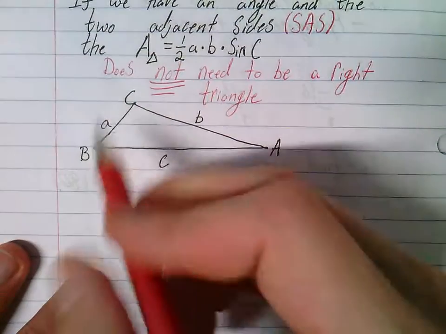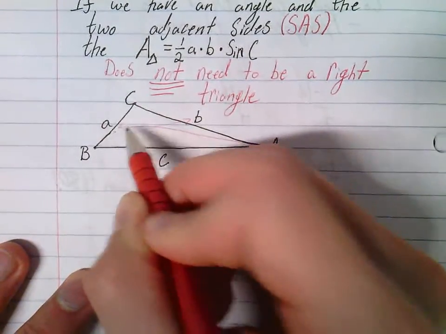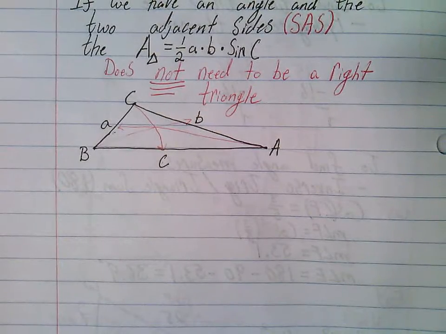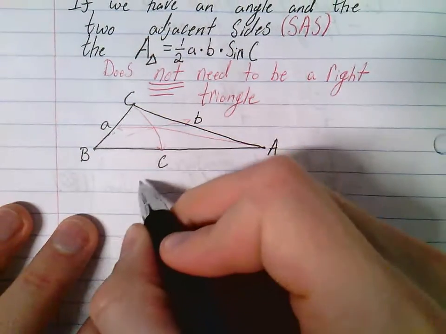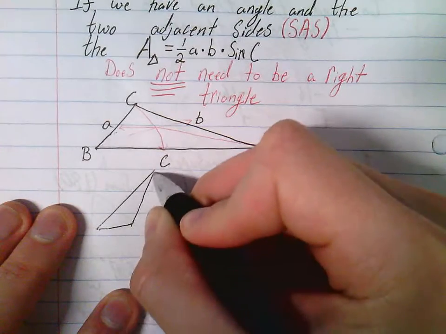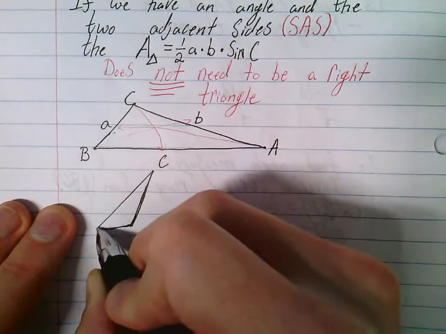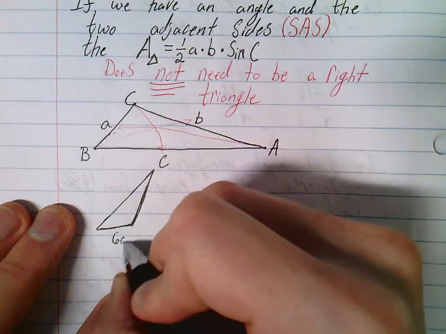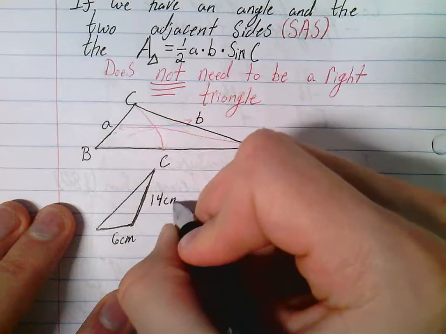Okay, so again, we can connect our letters here. I like showing where all my letters go to. The side lengths are the lowercase letters, the angles are the uppercase. Let's do one of these triangles here. Let's say I've got something like this. Nice small triangle. And let's say that this is 6 centimeters. This is 14 centimeters.